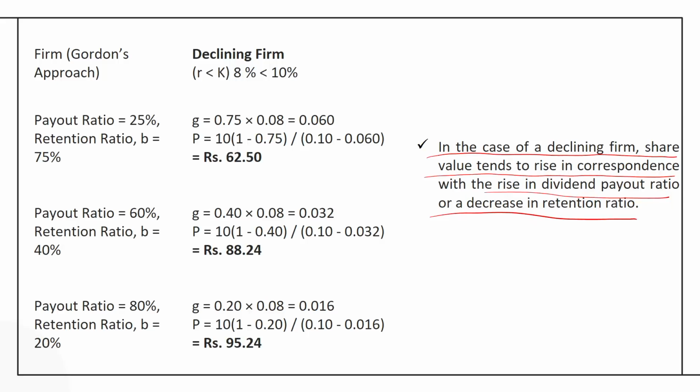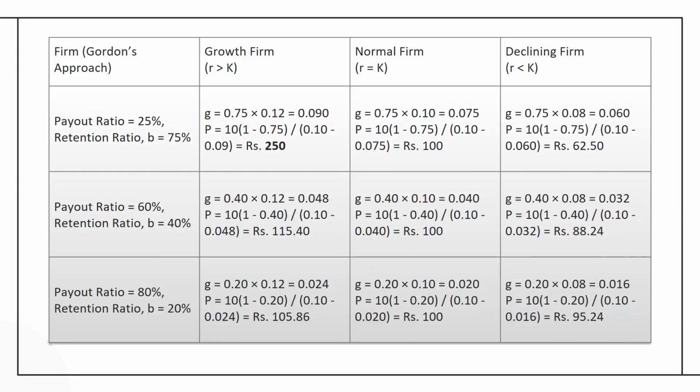But for a normal firm, it hardly matters whether the firm pays dividend or not, because the value of the share will remain unchanged, it will remain constant. This is the bird's eye view of the 3 firms: growth firm, normal firm and declining firm, in the 3 different scenarios where the company is following different dividend payout ratios and retention ratios.